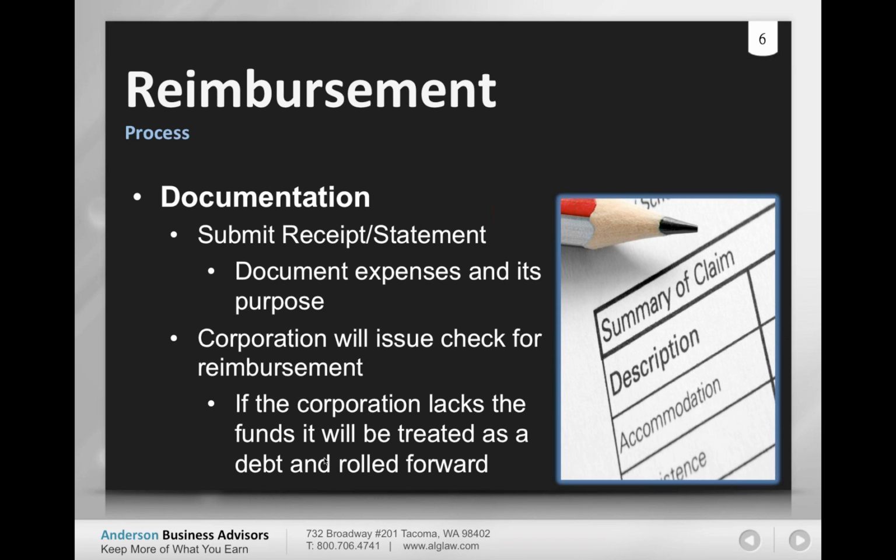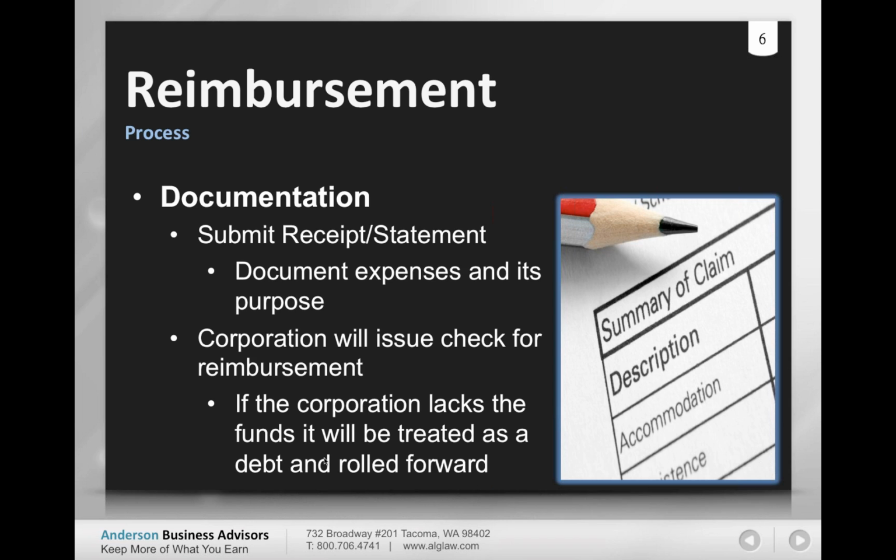And what ends up happening at that point in time is if the corporation has the funds, then the treasurer, the president, or vice president will then cut a check back to me as a reimbursement, and that will then just get entered into the corporate expense ledger.